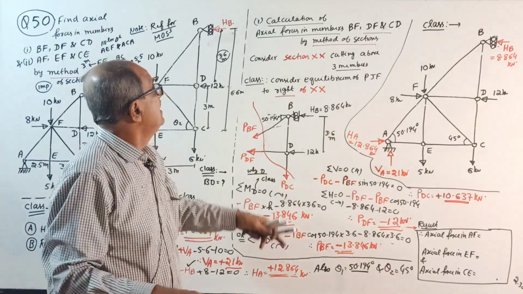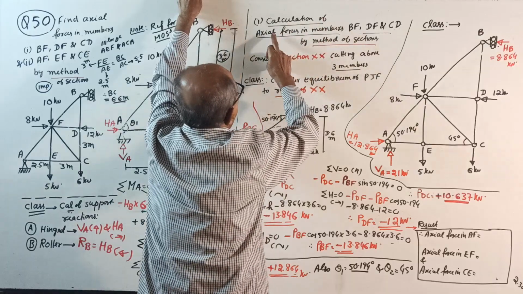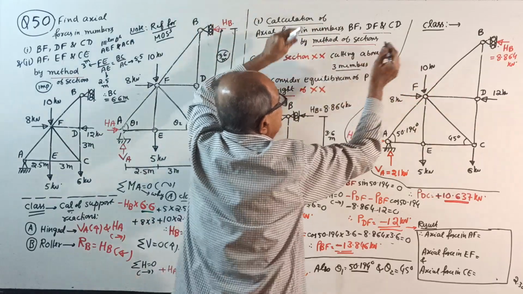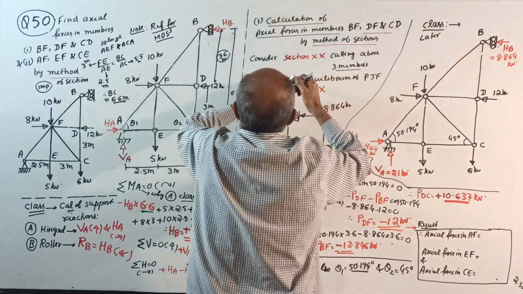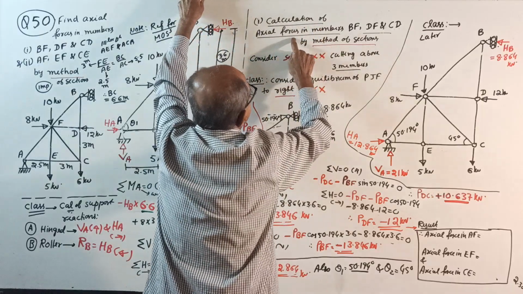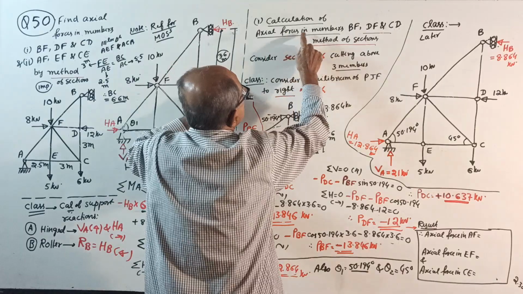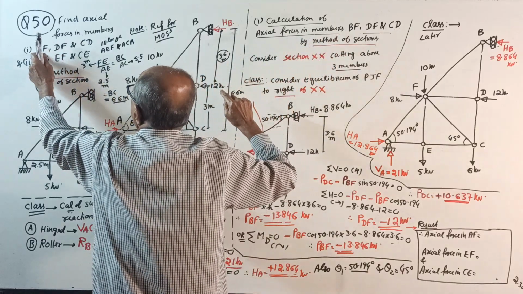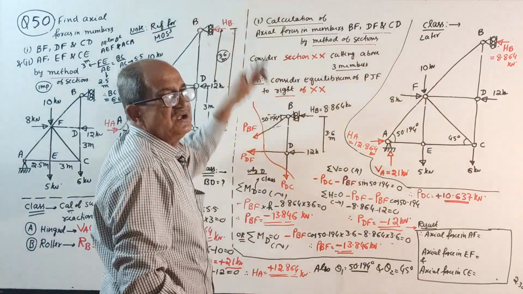Okay, now correctly start. Calculation of axial forces. We are in method of sections. Axial forces in members, which one? BF, DF and CD by method of sections.